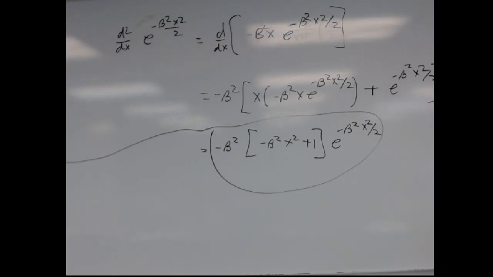I'll leave the stuff inside the integral the way it is for a minute so I get all organized. This is e to the minus beta squared x squared over 2, that's what's on the left, and then I'm going to put in everything I just calculated. This bracket is minus beta squared times minus beta squared x squared plus 1, times e to the minus beta squared x squared over 2, dx.